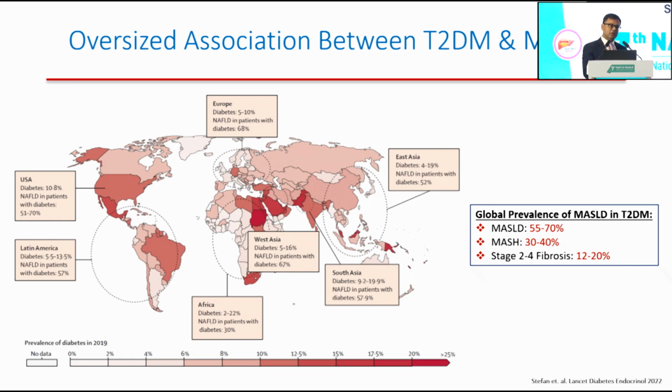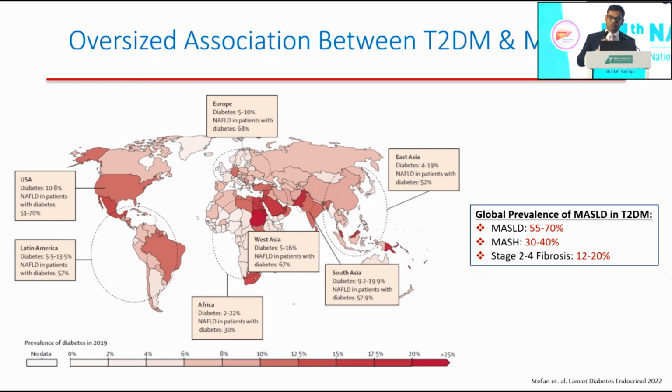And more importantly, the prevalence of MASH will be about 30 to 40%, and about 10 to 15% may have advanced fibrosis. So diabetes is common, MASLD is common, and the interaction between the two leads to much, much higher prevalence of more aggressive disease and more advanced disease.